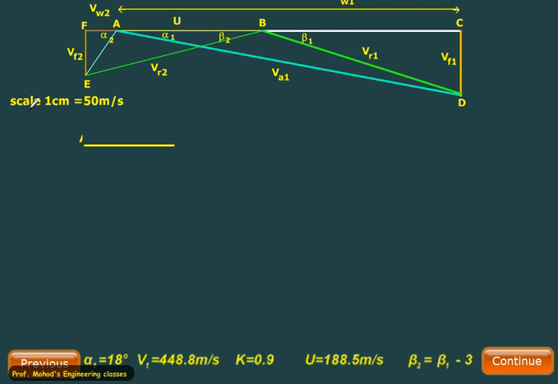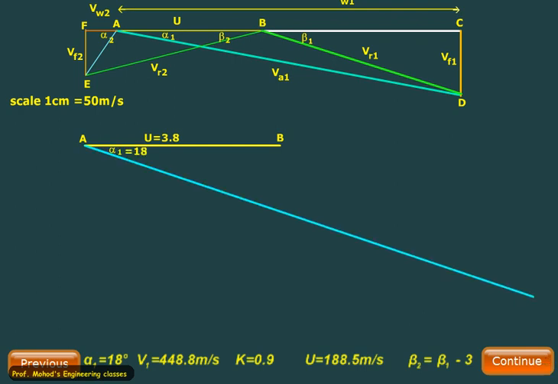This time I have selected a scale of 1 cm equal to 50, and U is 188.5, so we take a distance AB, which represents 188 using a scale of 50, that comes out to be 3.8. We already know alpha 1 is 18 degrees, so let's construct alpha 1 equal to 18, and from the speed ratio we know V1 is 448, so approximately 9 cm.